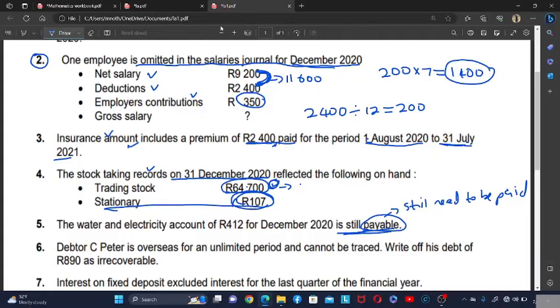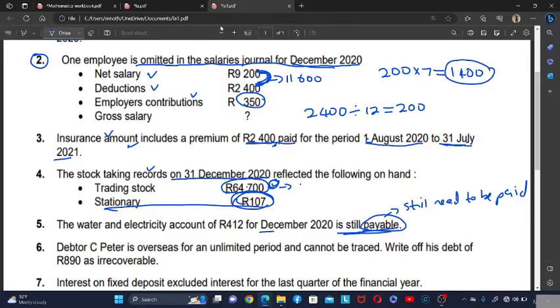Now, what do we know about the matching? The matching is saying that expenses should be recorded in the year that they belong in, even if they have not yet been paid. So we are told that the water and electricity account of December is still payable.